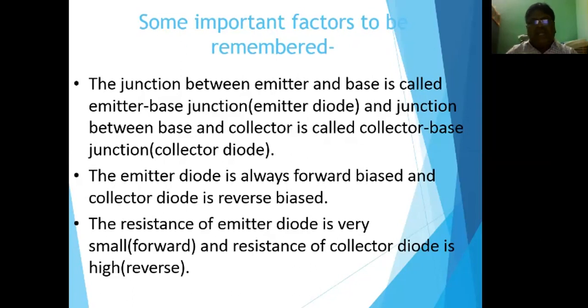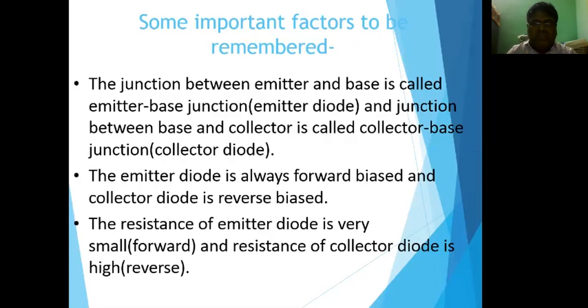Please remember, the emitter diode is always forward biased and the collector diode is always reverse biased. That is with two directions. That is called BJT, the bidirectional transistor. The resistance of the emitter diode is very small. That's forward.